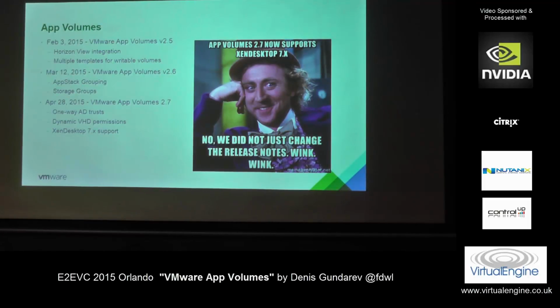Yes, we support XenDesktop 7.x in the latest release, and we changed the release notes. But technically, nothing specific was done in 2.7 to support XenDesktop 7. We test our product with Citrix deployments inside VMware, and we make sure that it works without any issues.